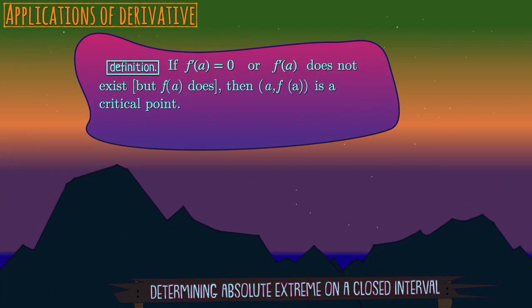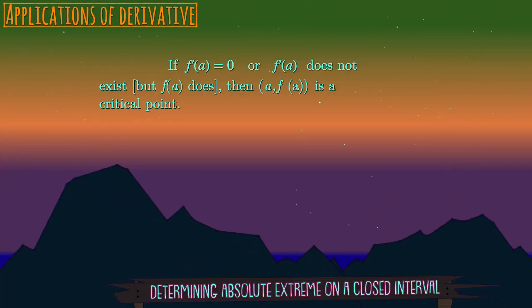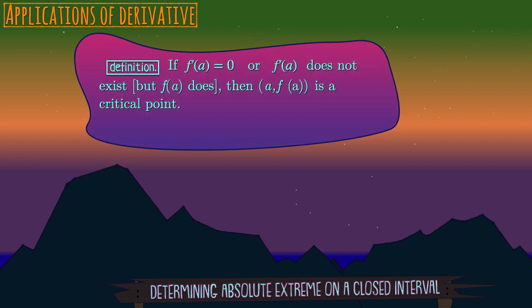And so we'll start with the definition. If f prime of a is equal to 0, or f prime of a does not exist but f of a does, then f of a is a critical point, where a is just the critical number when it's by itself. Okay.